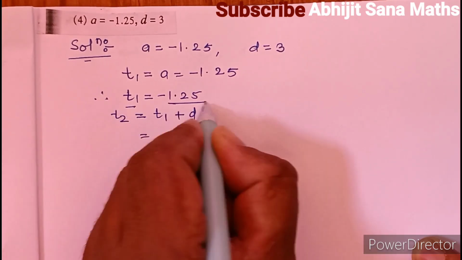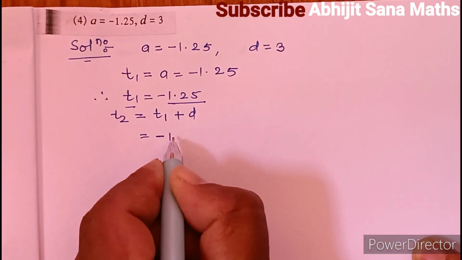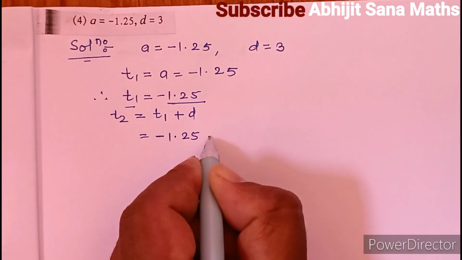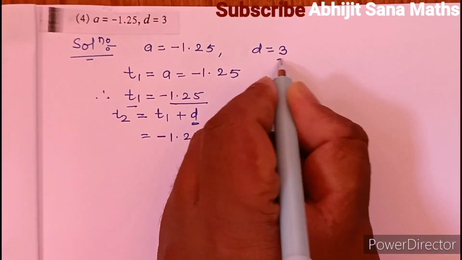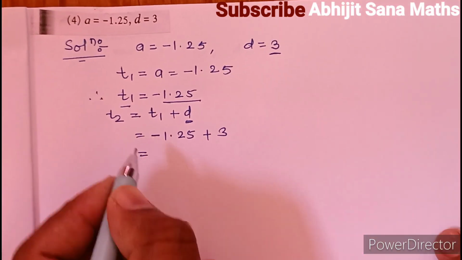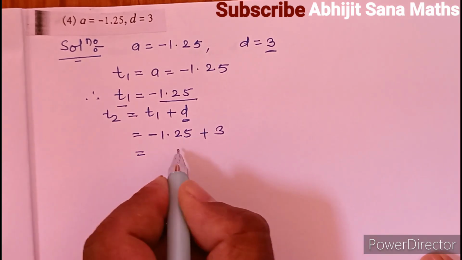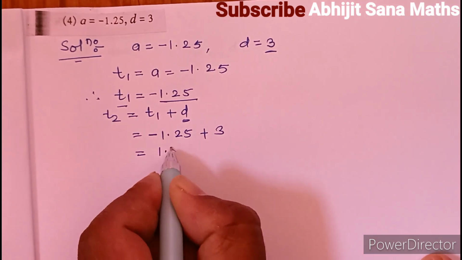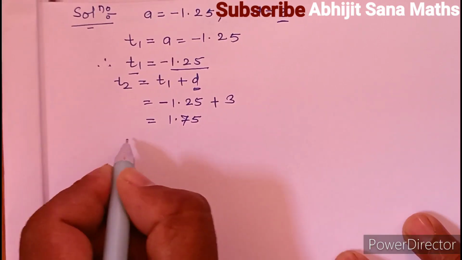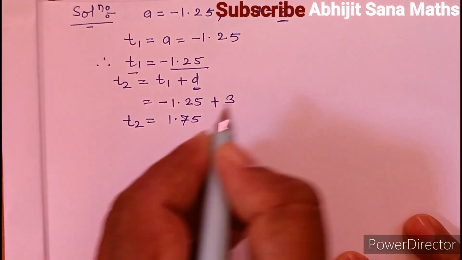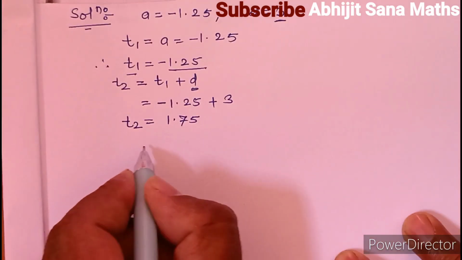The value of t1 is minus 1.25, therefore put minus 1.25 plus the value of d, which is 3. On calculating minus 1.25 plus 3, we get plus 1.75. Now we get the value of t2 as plus 1.75.